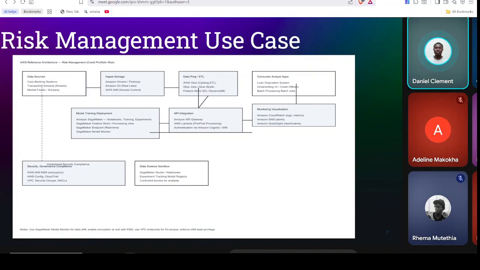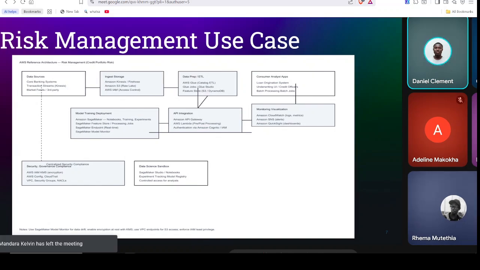So you prepare that data, and it integrates with the API Gateway, Lambda, and also Cognito. The reason I'm saying this is that you have a web portal, so Cognito would authenticate the user based on the account profile.